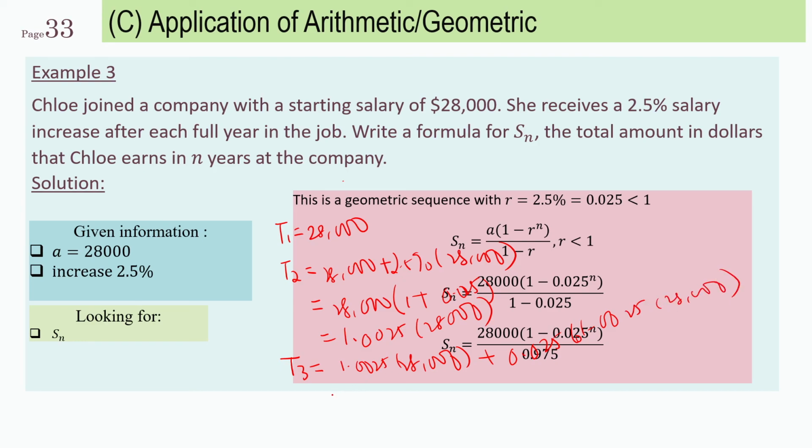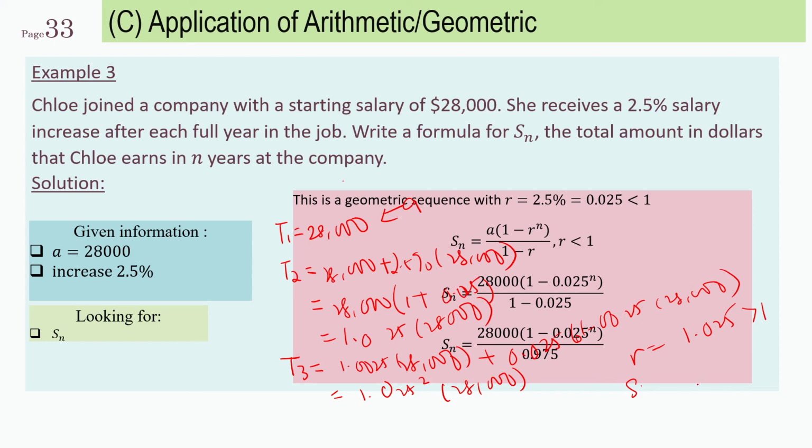Okay, so then you redo again, you will get 1.025 squared of the 28,000. From here, we can see that this one is our a, and our r actually is 1.025. Okay, so I have an extra 10. Okay, so then after that, as a general, r is greater than 1, so I have this one.